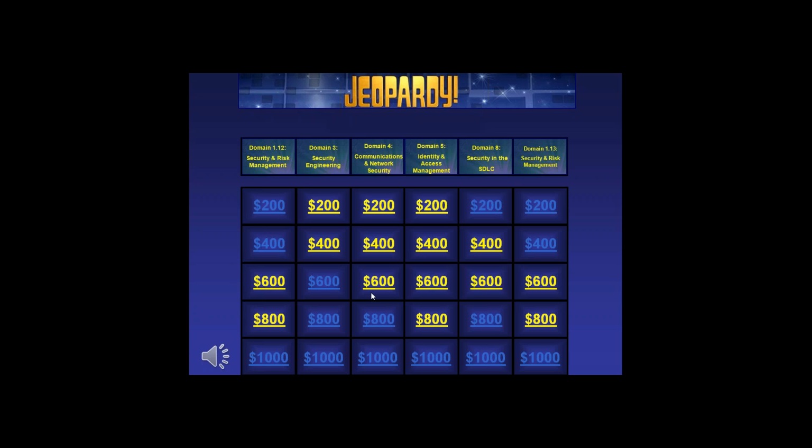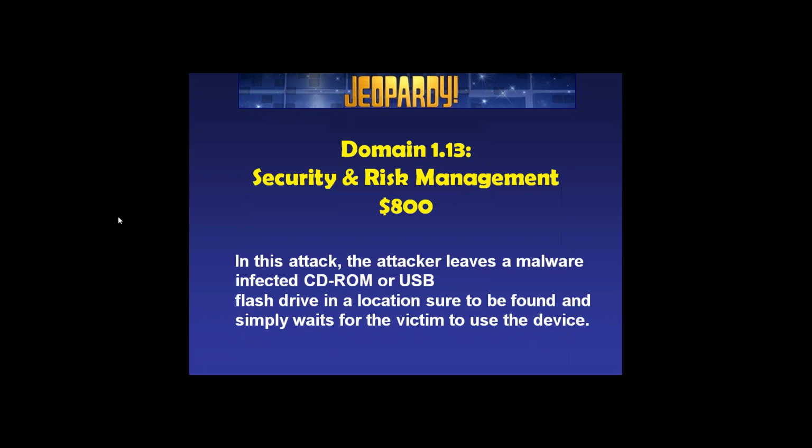All right, George, what do we got? All right, let's do domain 1.13 for 800. 1.13 for 800. Here we go. That is really close, George.